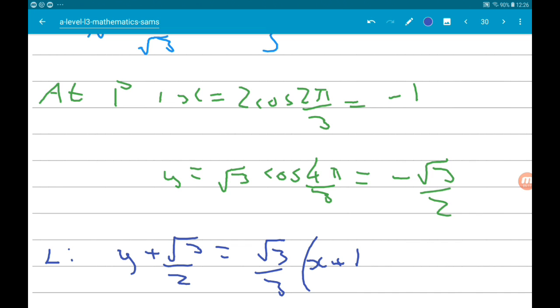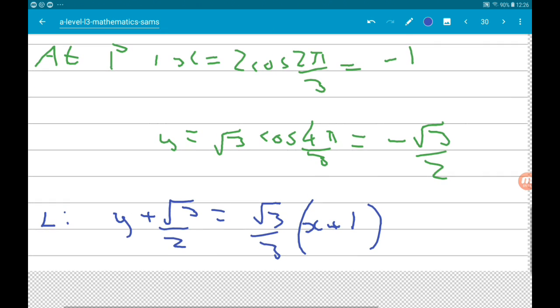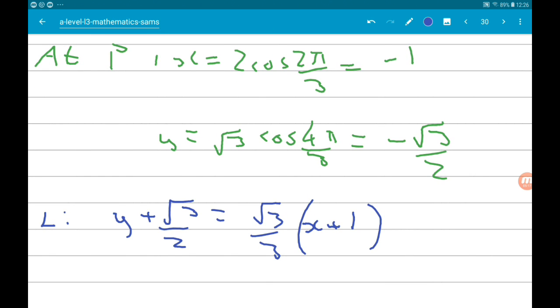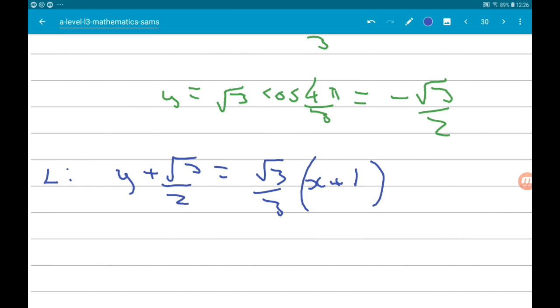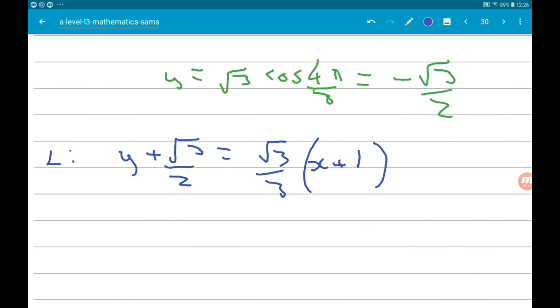Okay, so now we just need to do some magic to this. So if we expand the brackets, we're going to get y add root 3 over 2 is equal to root 3x over 3 add root 3 over 3.